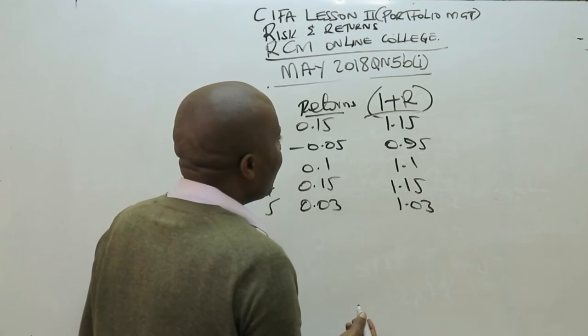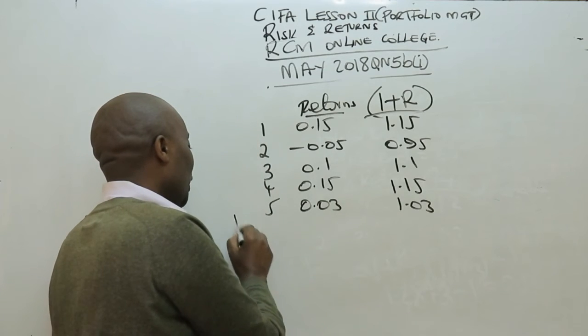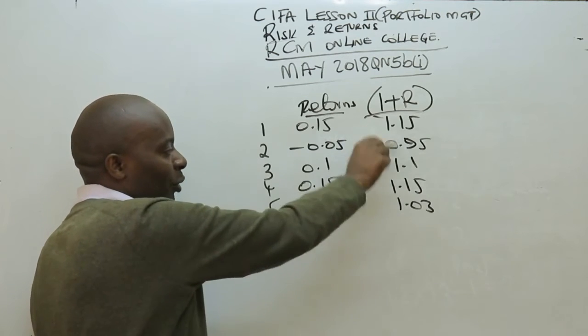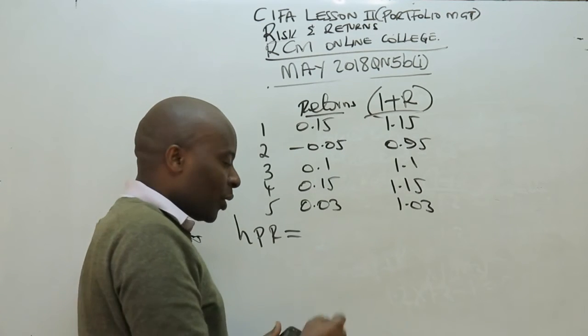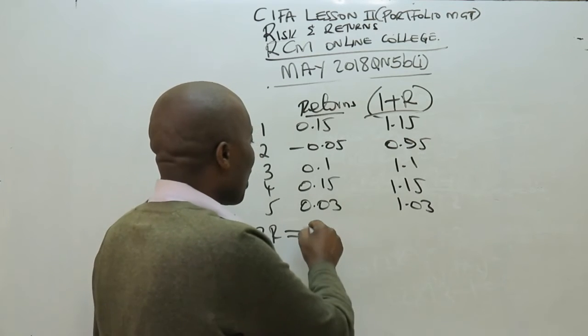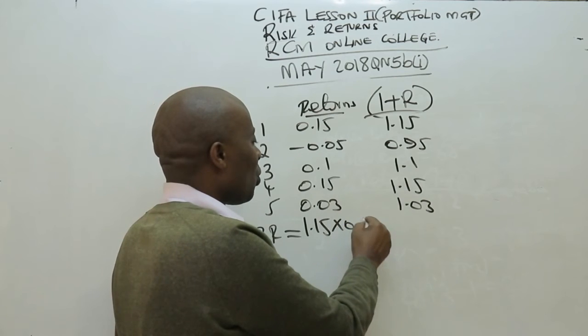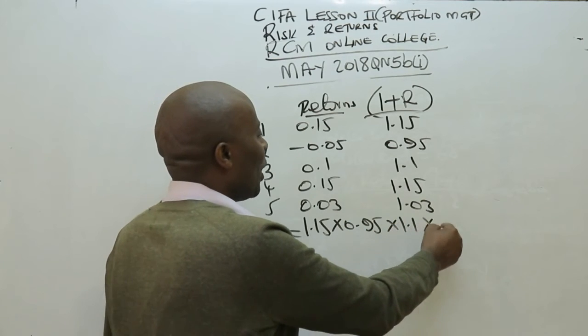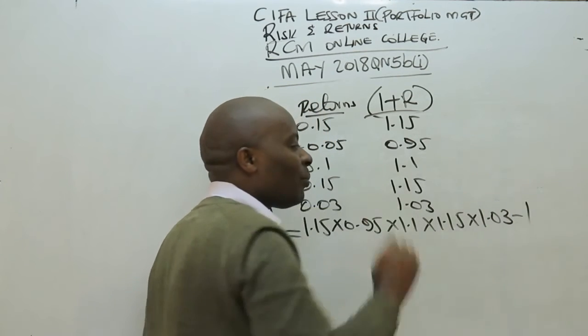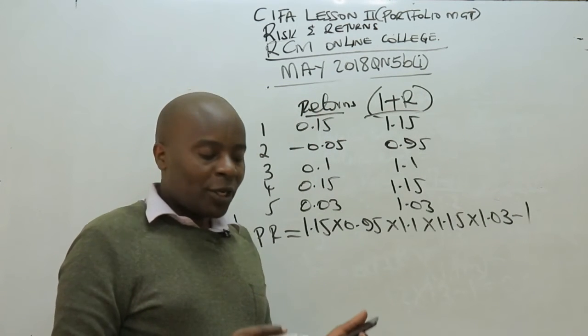And for us to get the holding period return for 5 years, I need to multiply all these, because it's the concept of 1 plus R1 multiplied by 1 plus R2, etc. So take 1.15 times 0.95 times 1.1 times 1.15 times 1.03, and don't forget to subtract 1.